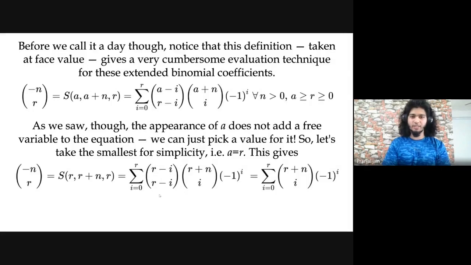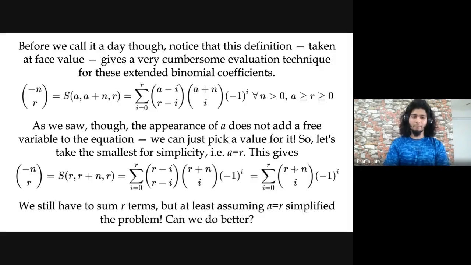So this coefficient is R minus I choose R minus I, and this basically vanishes because it's 1. So now you just have a sum of a single binomial coefficient. Now this is better, but you still have to sum over R terms. That is not ideal either because R terms is a lot. Can we simplify the problem further?